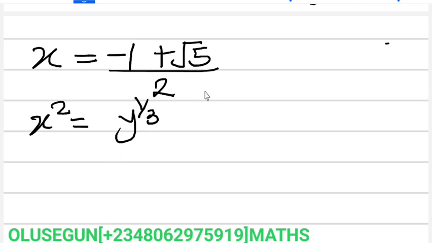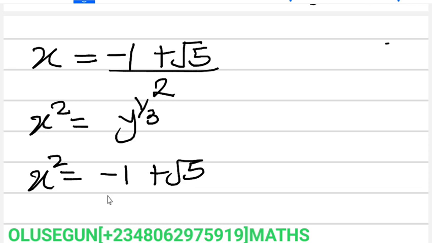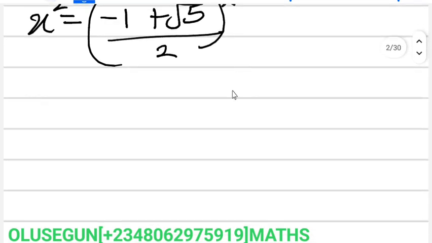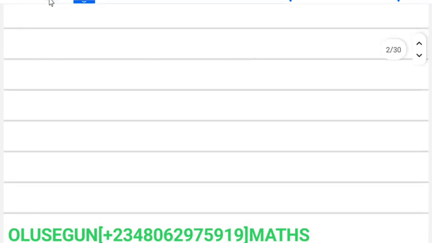So let's try to find the value of x squared, since our x is this. So x squared will be minus 1 plus root 5 over 2, all squared. So these are now turned to short form. How do you now apply this?